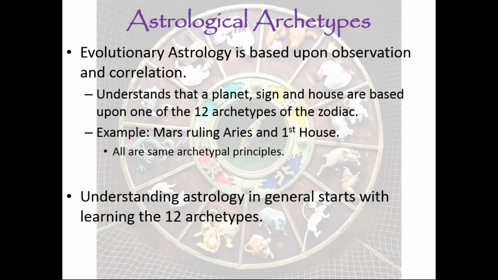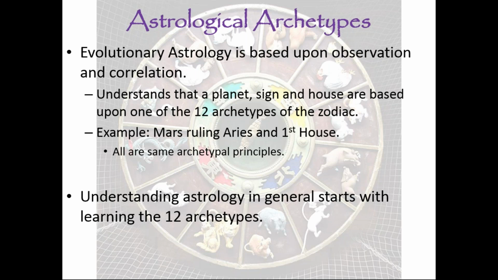The example on your screen is Mars ruling Aries. Mars also rules the first house. Mars, Aries, first house, same archetypal principles. Another example is Mercury ruling Gemini and third house, same principles.